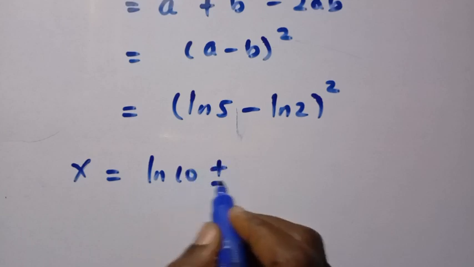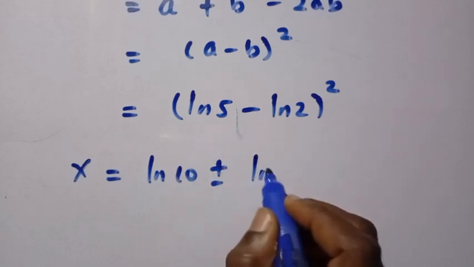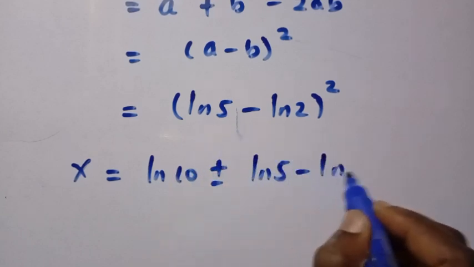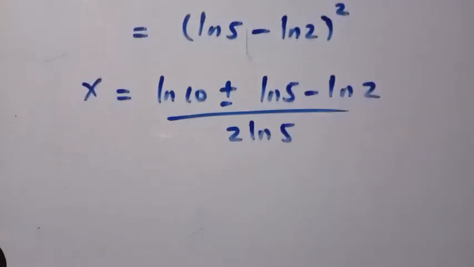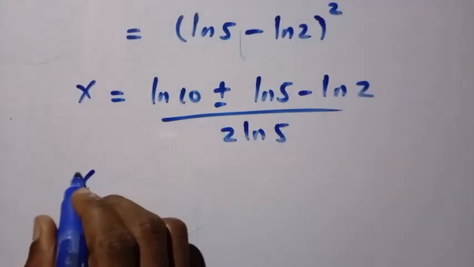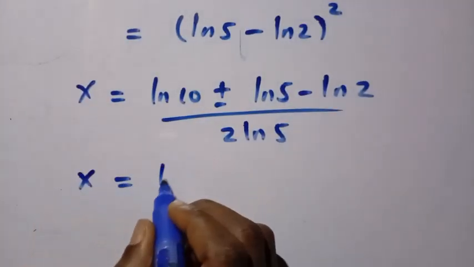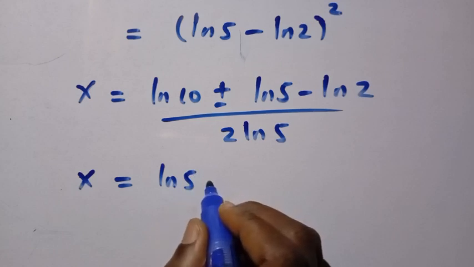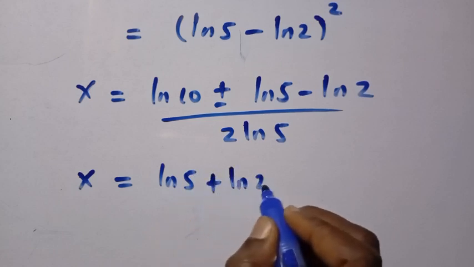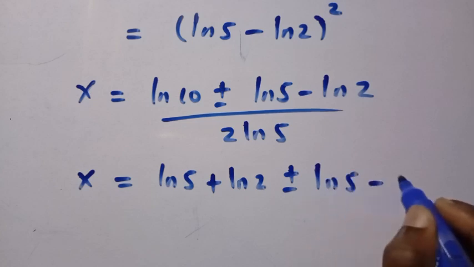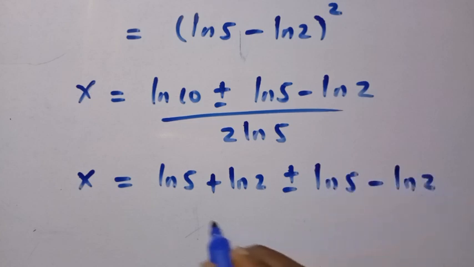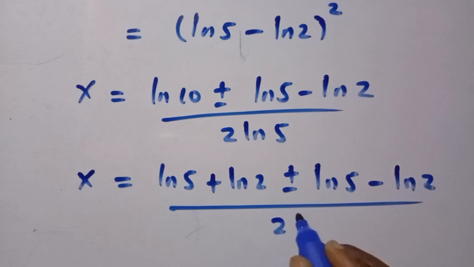ln 10 plus or minus the whole of this, which is ln 5 minus ln 2, divided by 2 ln 5. And we have x equals ln 10, which is ln 5 plus ln 2, plus or minus ln 5 minus ln 2, divided by 2 ln 5.